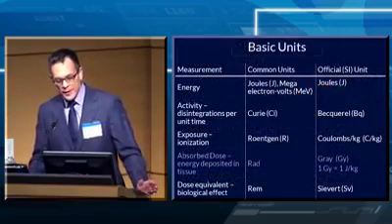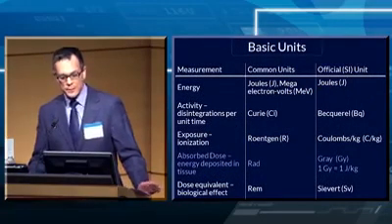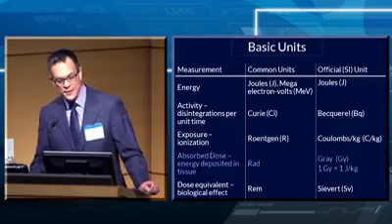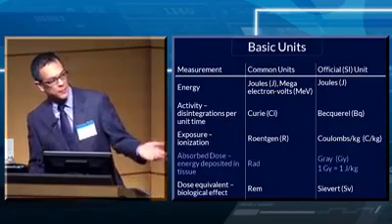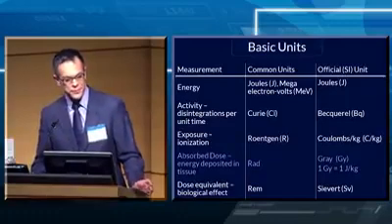When you're talking about radiation, there's a bunch of units and measurements to describe radiation that you need to understand. A lot of you in the audience probably already know these, but for those that haven't had a lot of radiation training, we'll just go through them really quickly.